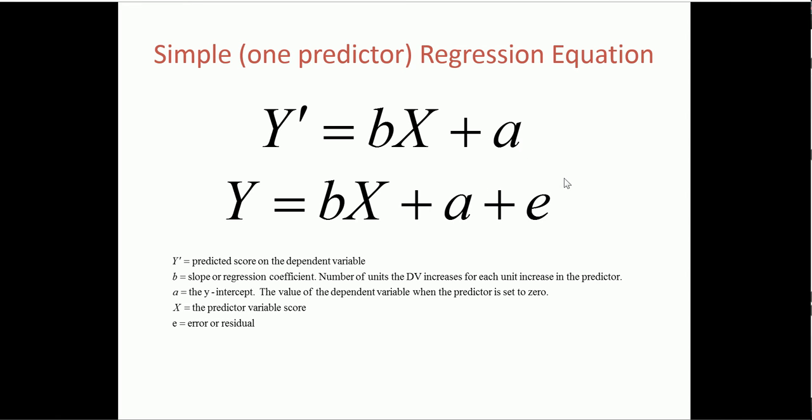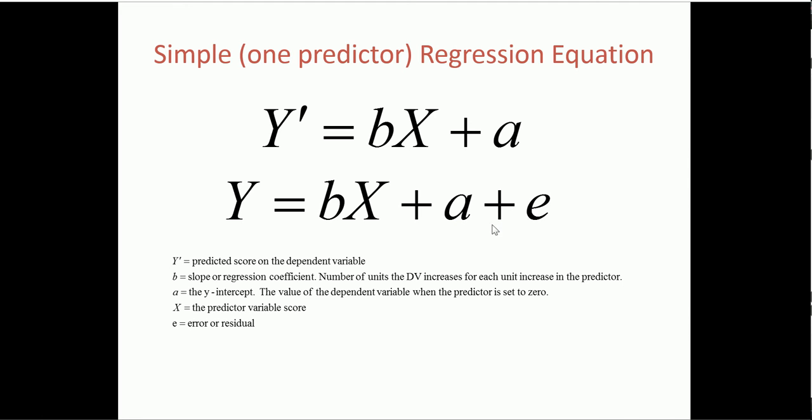So taken all together, we have a regression equation that is the score, so the observed score, equals the unstandardized regression slope times the score on the predictor value plus the constant, or y-intercept, and then also plus error.